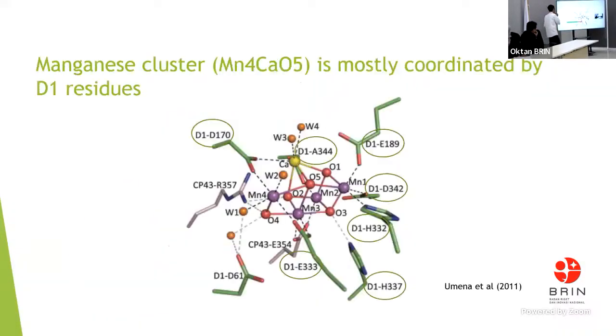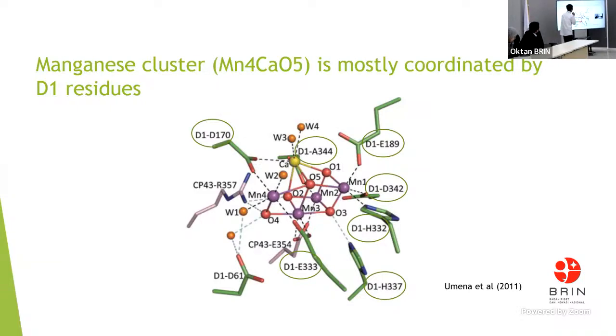And the next slide, please. So why D1? Because the D1 protein coordinates most of the ligands surrounding the manganese cluster. This structure was solved in 2011 by Umena. As we can see here, this is the manganese cluster.